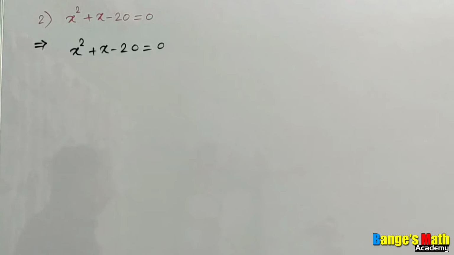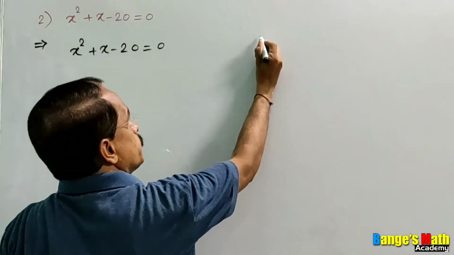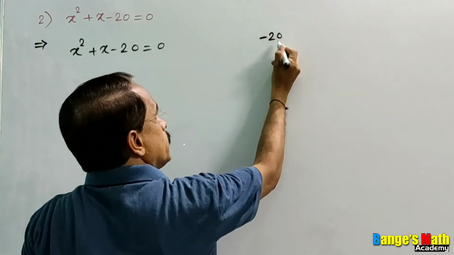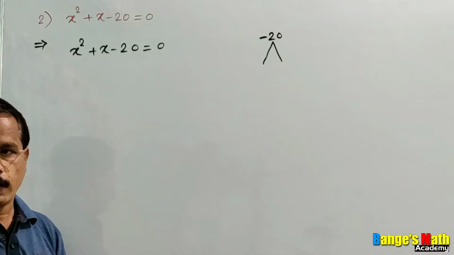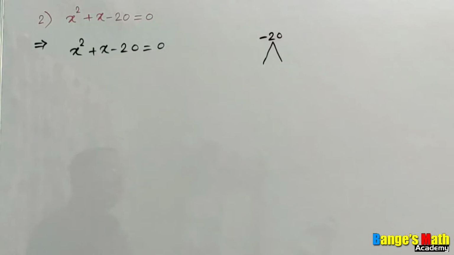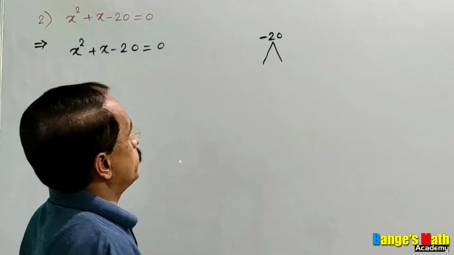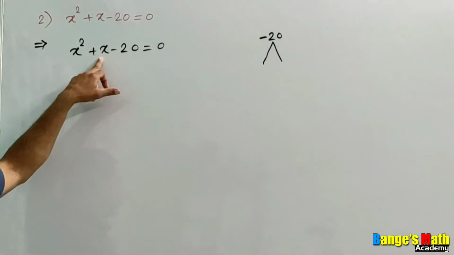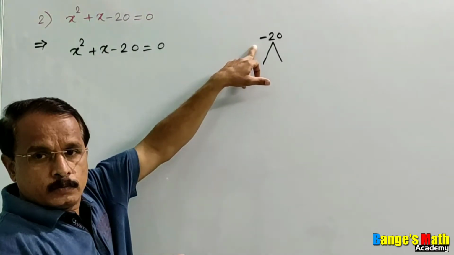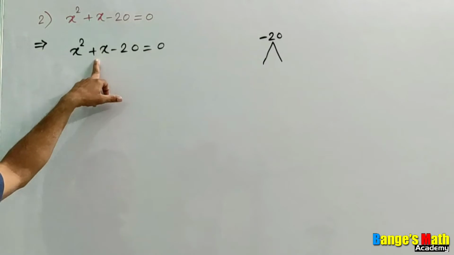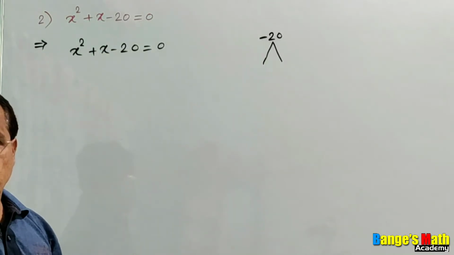So by splitting the middle term, find two numbers such that their product should be minus 20 and their sum should be plus 1. So product is negative and middle term is positive. So one number is positive and one is negative.